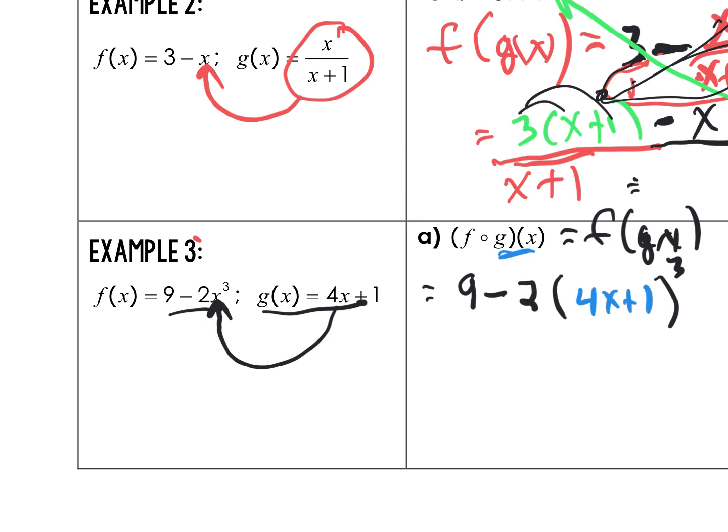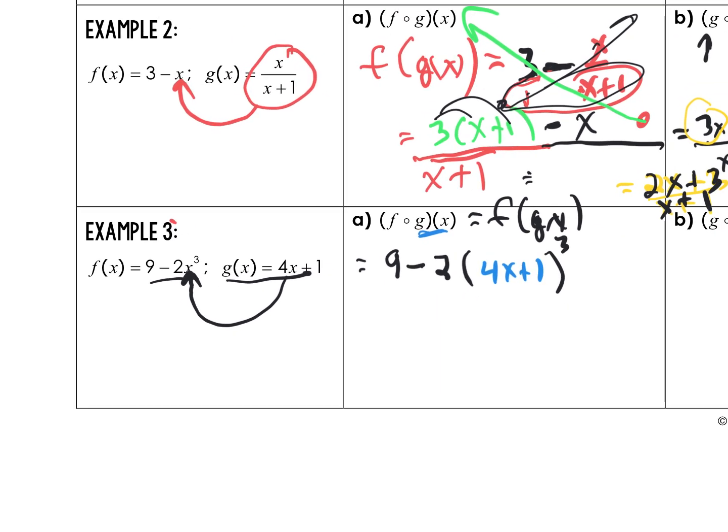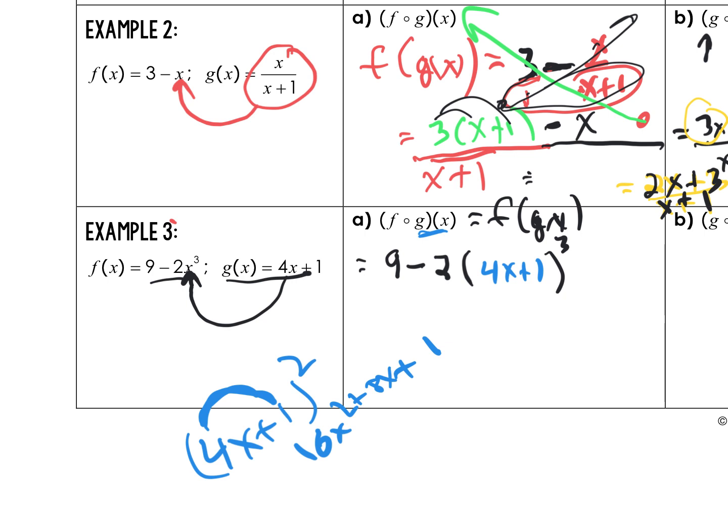Now, I don't really want to finish that one because it's one thing to square a binomial, 4x plus 1 squared. That's pretty easy. 4x plus 1 to the second power using the shortcut, 16x squared plus a 1. Then we take the insides and we say, take 4x times 1 and double it, so plus 8x. That's fine. But when it's a cubic, then you'd have to take all of that answer times the 4x plus 1.